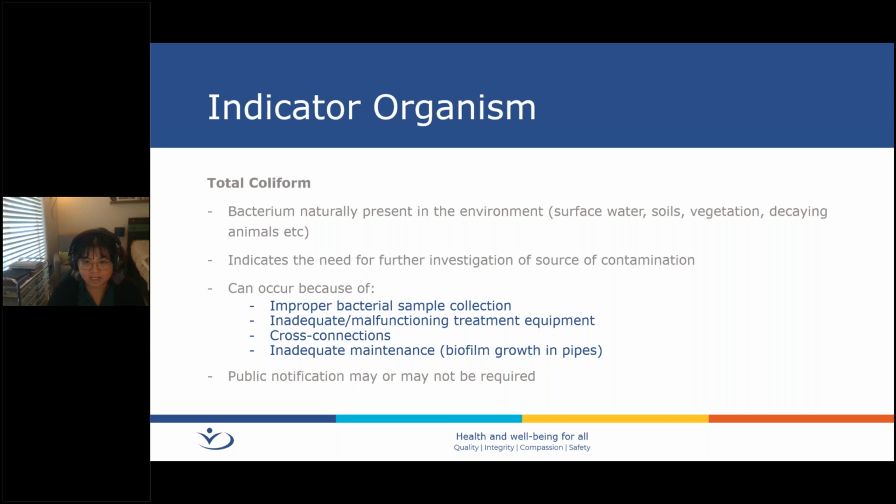Sometimes this is associated with low counts of total coliform, 1 or 2 total coliform. So in this case, oftentimes we have the water supplier resample. Some other causes could be inadequate or malfunctioning treatment equipment, cross connections, or inadequate maintenance. So for example, biofilms within the distribution system. And in cases where there's presence of total coliform, public notification may or may not be required.